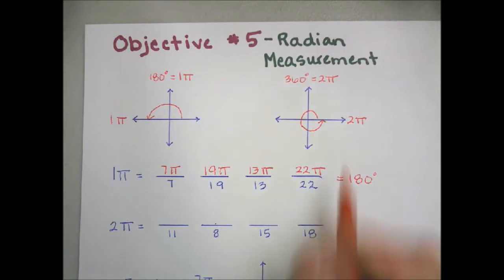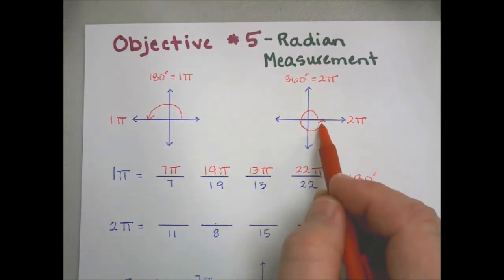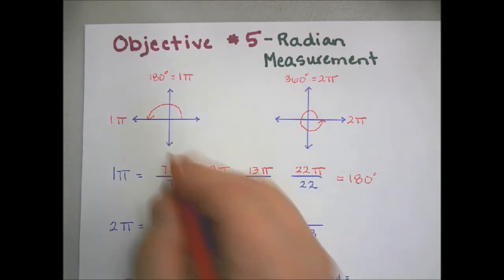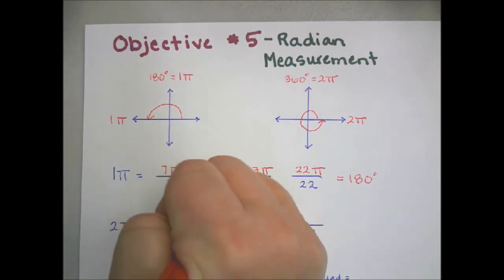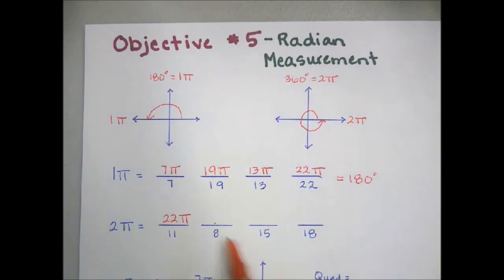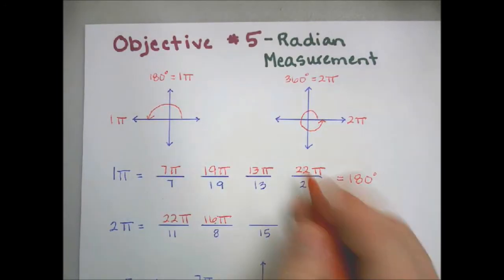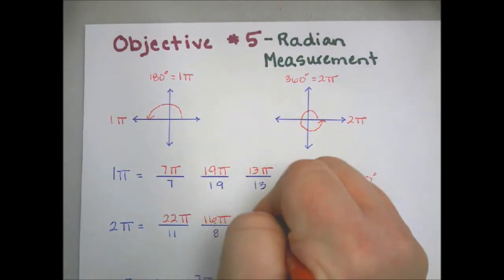Now, what about going all the way around the circle? Well, that would be 2 pi. So if we were using 11ths as our denominator, then the numerator would be 22 pi over 11. If we were using 8ths as our denominator, 16 pi over 8. 15ths would be 30 pi over 15.